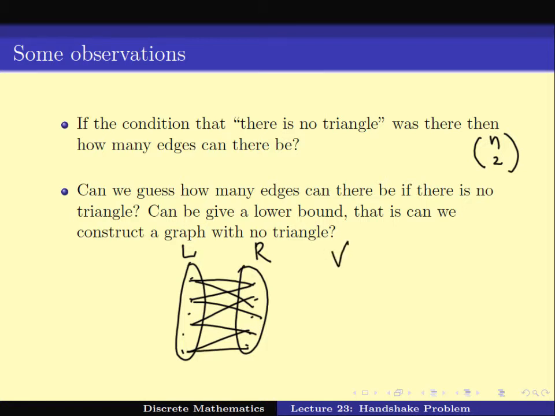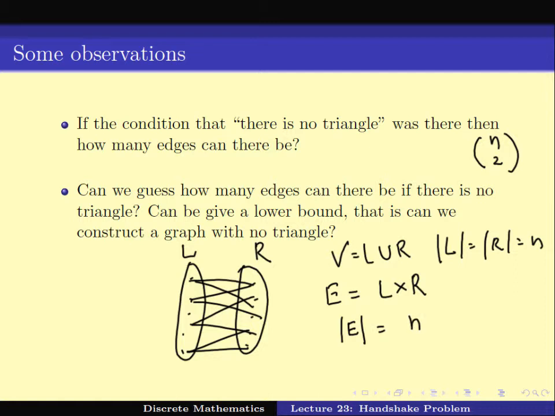So we write V as L union R, size of L equals size of R equals n, so they are disjoint, and the edge set is all possible pairs where one is coming from L and one is coming from R. The observation is that this one does not have a triangle and the number of edges is n square.